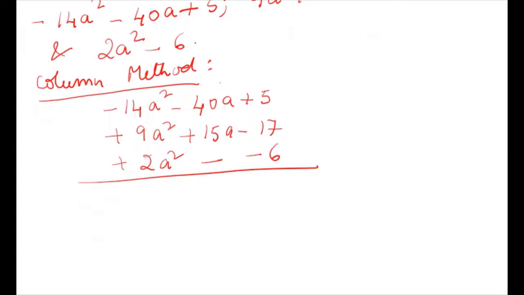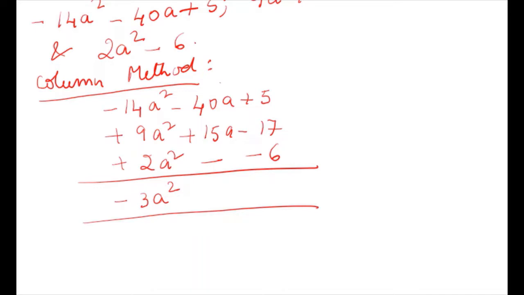Okay, so then we write minus 14 and plus 9 will give you minus 5. Minus 5a square plus 2a square will give you minus 3a square.